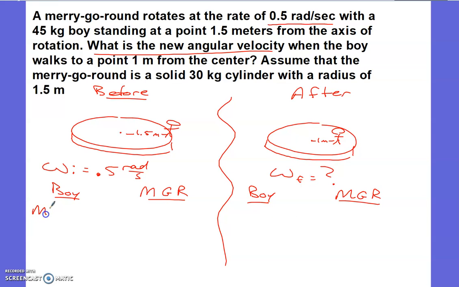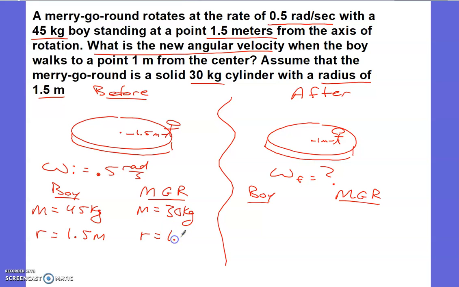What we could possibly know are the mass and the radius. In the beginning, the boy has a mass of 45 kilograms. He is standing at a point 1.5 meters from the axis, so that's the radius of the circle that he makes. The merry-go-round is a solid 30 kilogram cylinder with a radius of 1.5 meters.